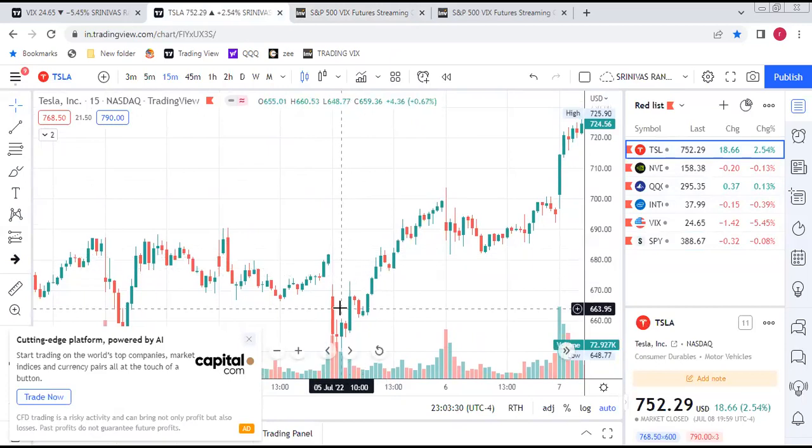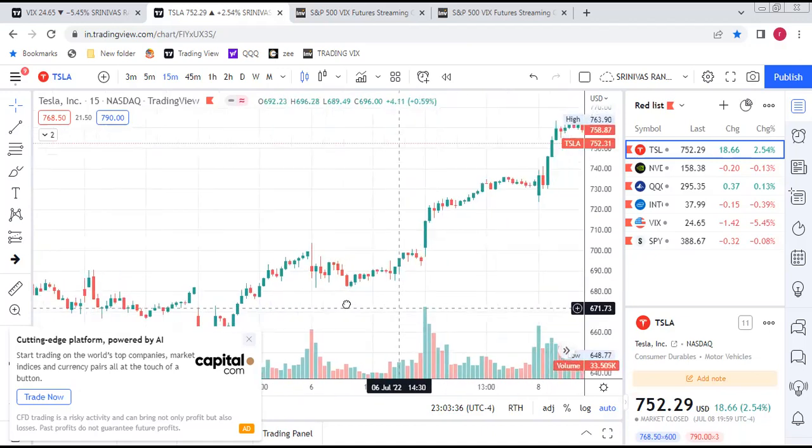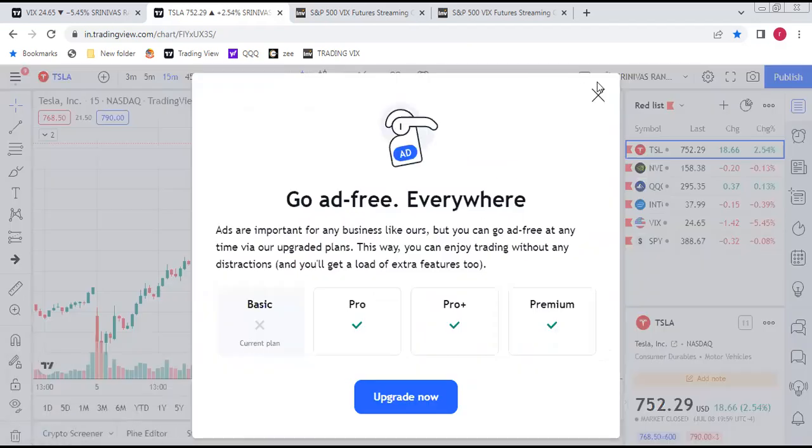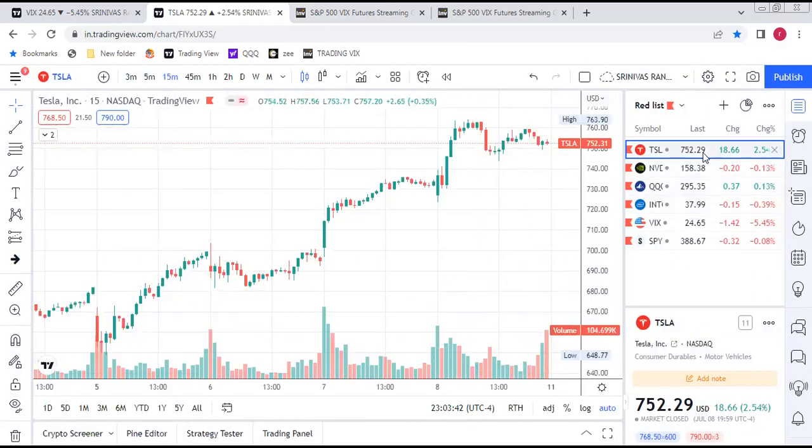It is trading at something around 660, sir. Will you tell whether it is Tesla, or you want to try another? No, sir. You can trade these 5, sir: Tesla, Nvidia, QQQ, INTC, and SPY. You trade only these 5.